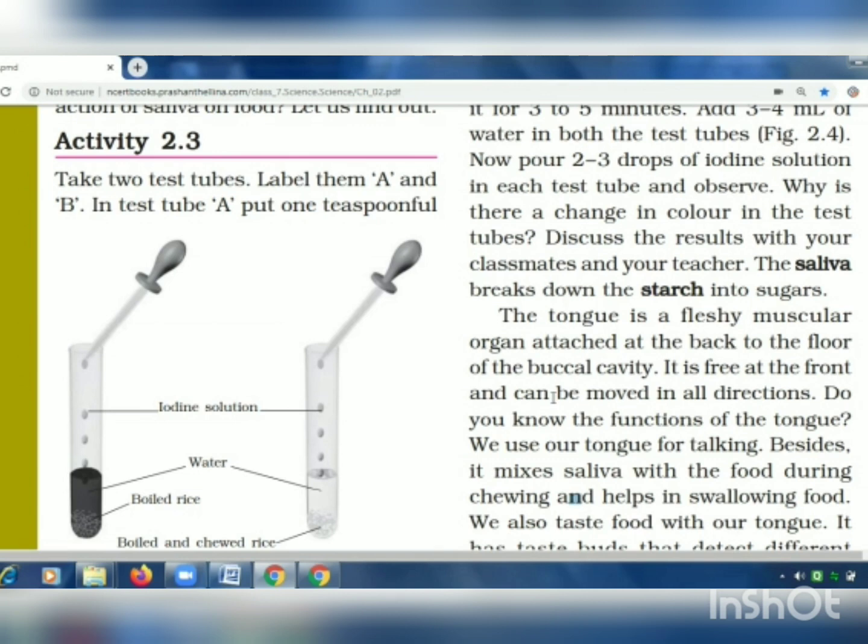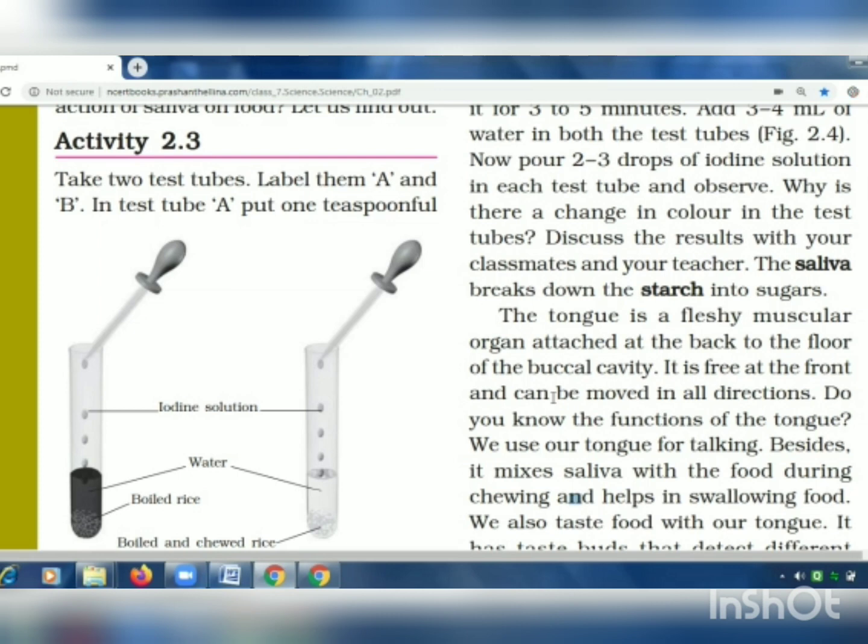After this, when you put 2-3 drops of iodine solution in both test tubes, what you'll observe is that the boiled rice in test tube A will turn blue black, whereas the boiled rice that you chewed in your mouth and kept in test tube B will not turn blue black, because the rice in test tube B is converted to sugar.